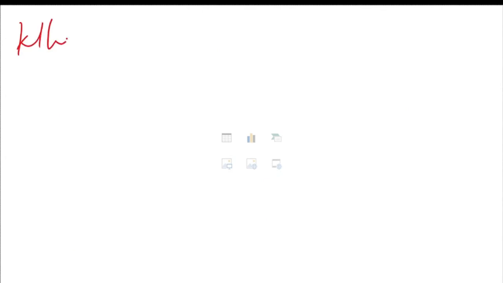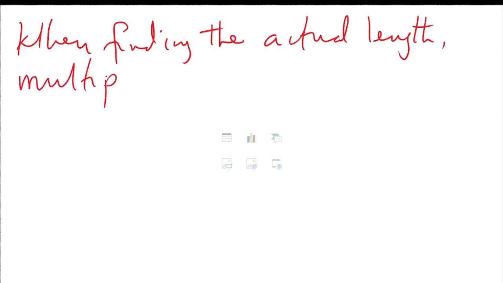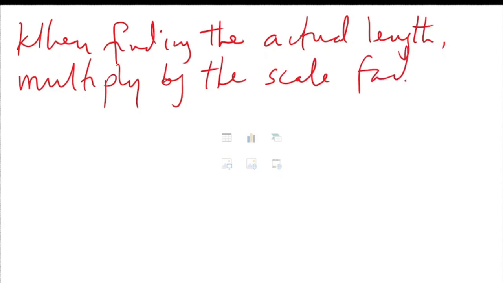So we are going to say: when finding the actual length, multiply by the scale factor. That is point number one.